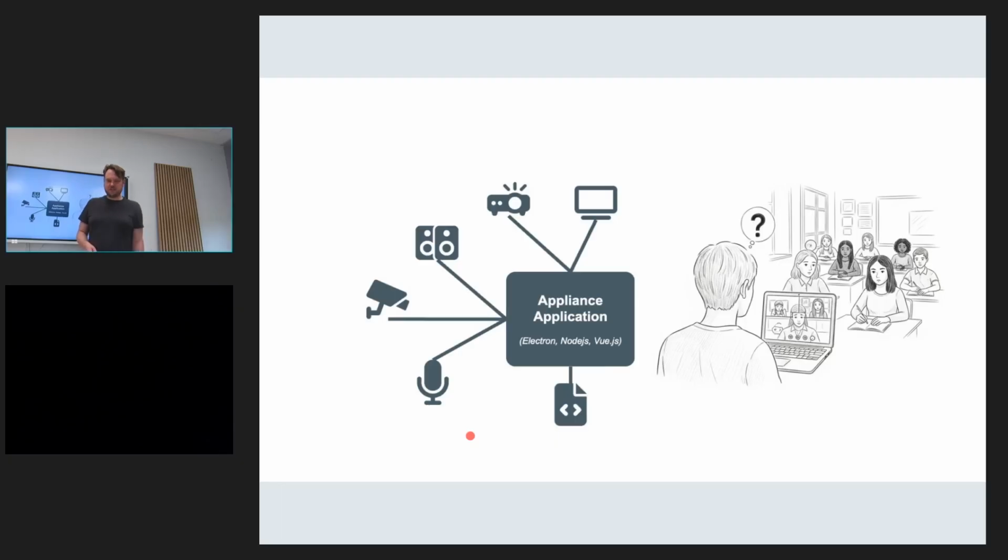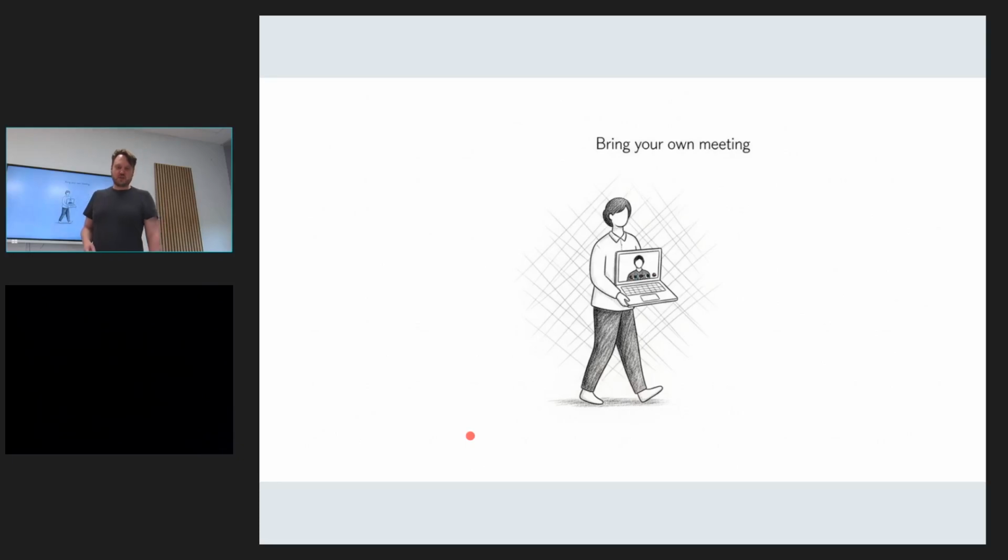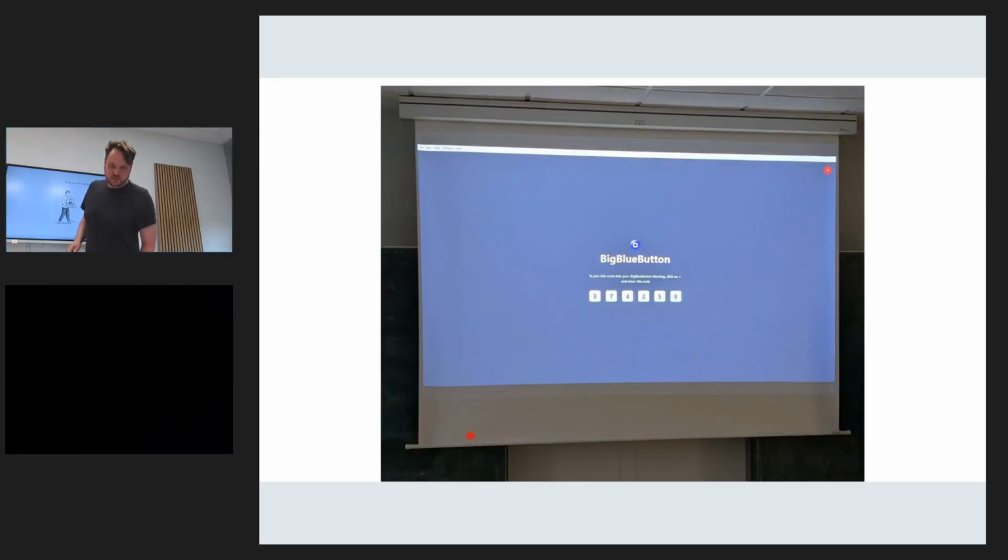The most flexible way, in our opinion, was the bring your own meeting approach. You have your own meeting already set up, you can somehow connect this meeting, with a mechanism yet to be determined in our thinking process, to the physical appliance in the meeting room, and you got your meeting set up.